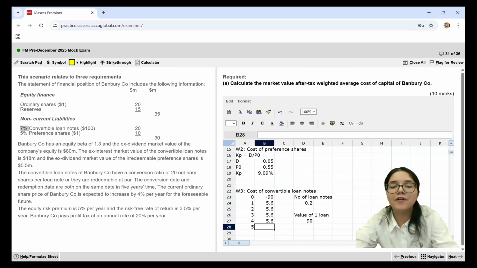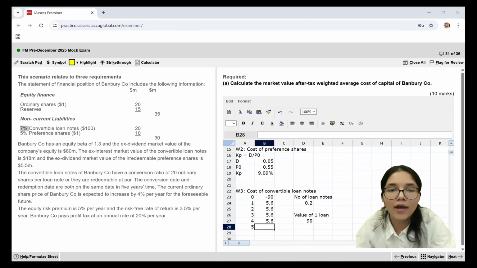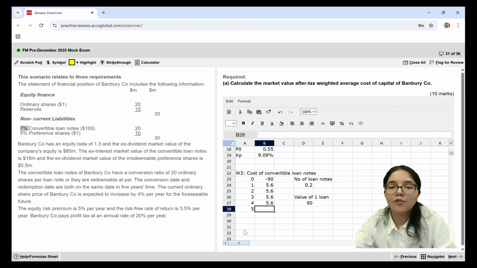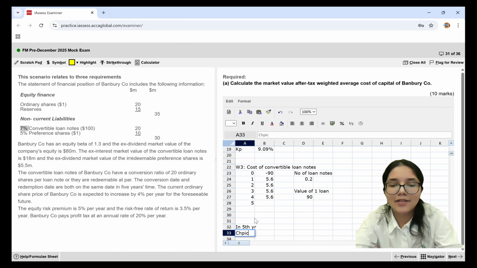Now, in the 5th year, because these are convertible loan notes, my investors are going to have a choice whether they want to go for redemption or they want to go for conversion. So in the 5th year, the investors will have choice number 1, and then they will have choice number 2.